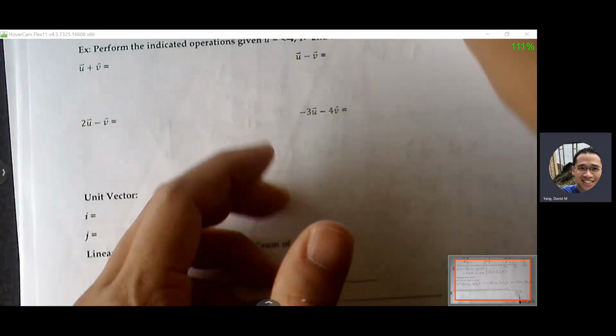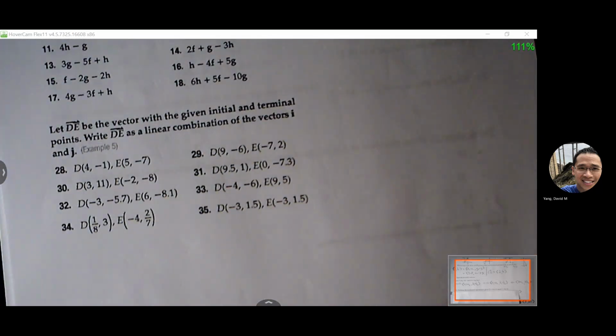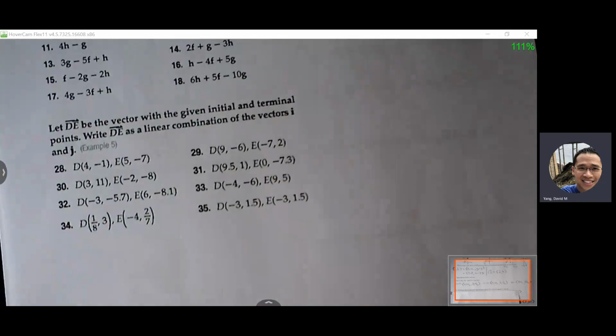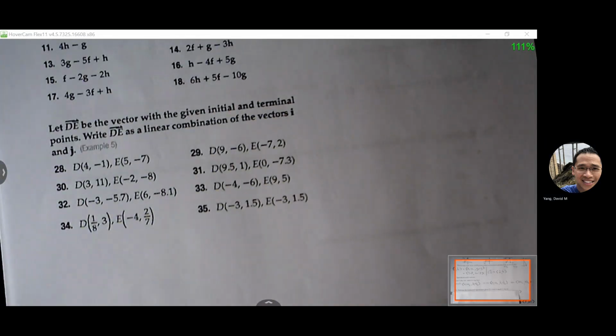Okay, any questions? All right, we're just gonna do classwork on page 13. But I'm not gonna have you guys do all of them. I just want you guys to do enough where you feel comfortable with the process.